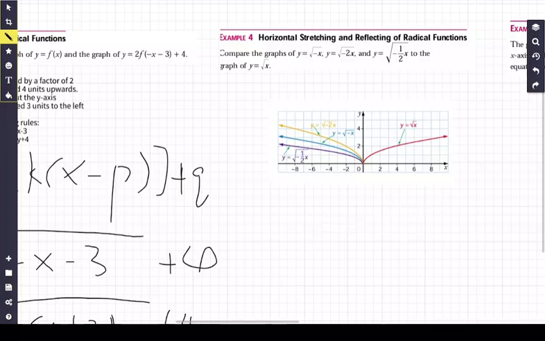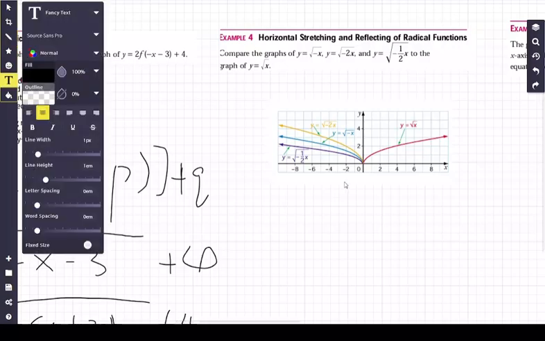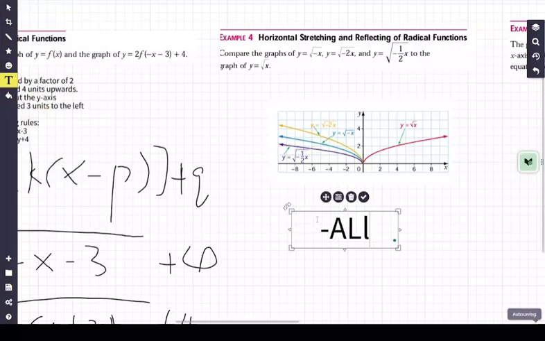So for the rest, we can notice one common thing: all of them are flipped about the y-axis, right? And then we can see there are different degrees of horizontal compressions or stretches done to these.